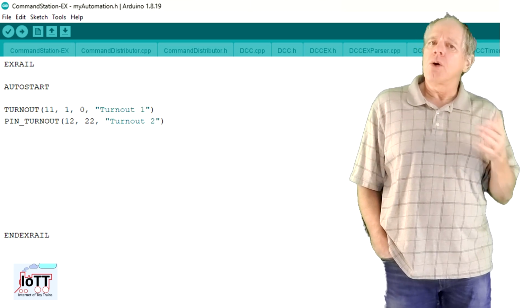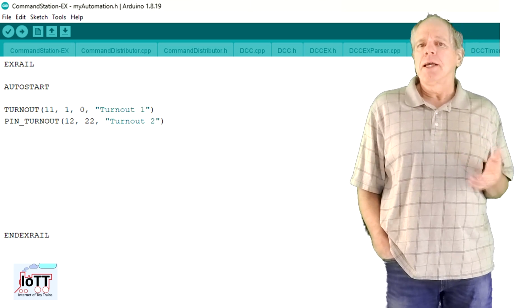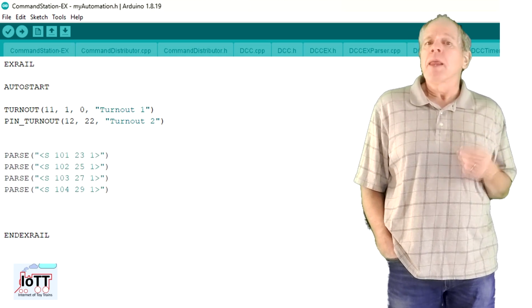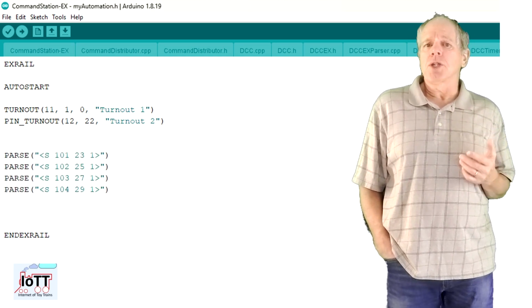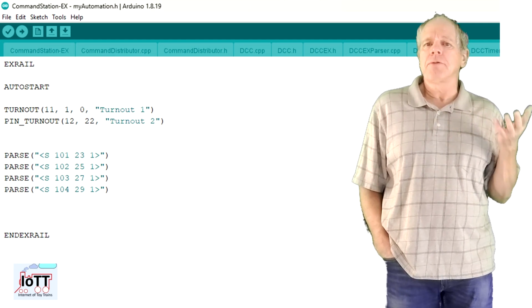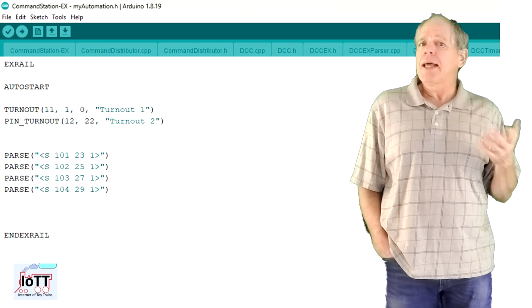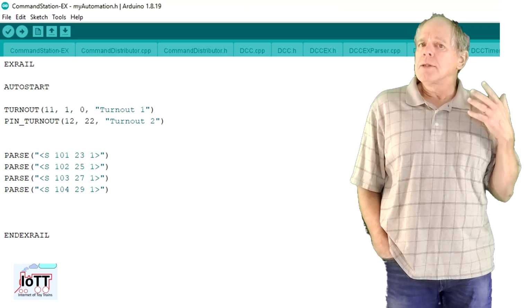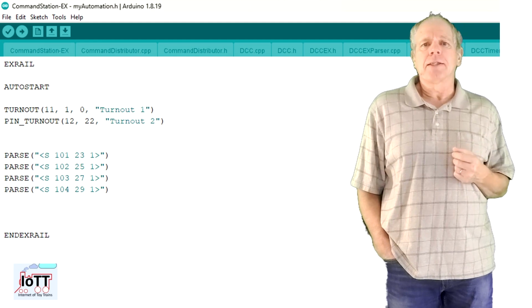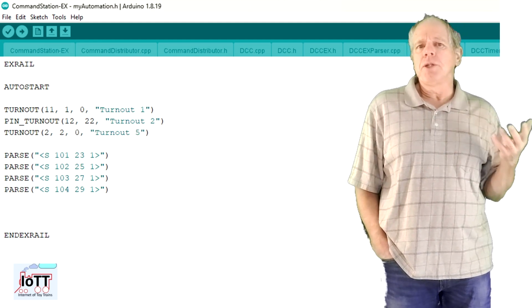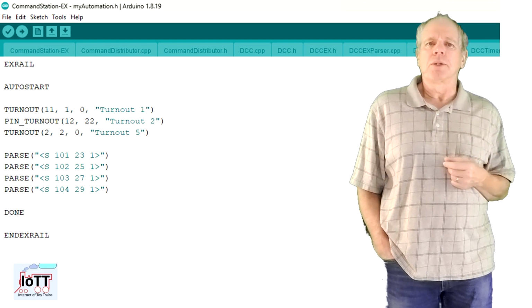Unfortunately, there are no commands for defining sensors, even though there probably will be one in future versions. But I can use the parse function and the API command to define them. So sensors 23, 25, 27 and 29, just like last time, but directly integrated in the X-Rail code. Finally, I add turnout 5, which I will use to trigger the route from remote.